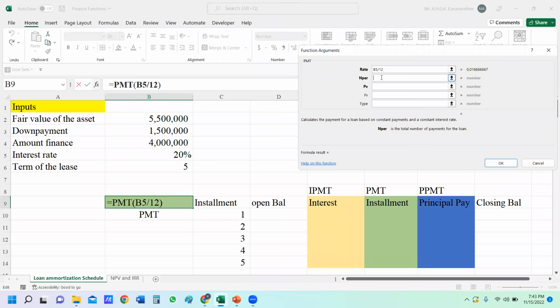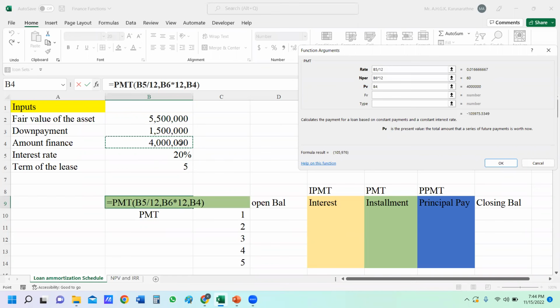So you can take NPR as this multiplied by 12. Present value means not the fair value of the asset. Present value means the amount you finance. That is this.